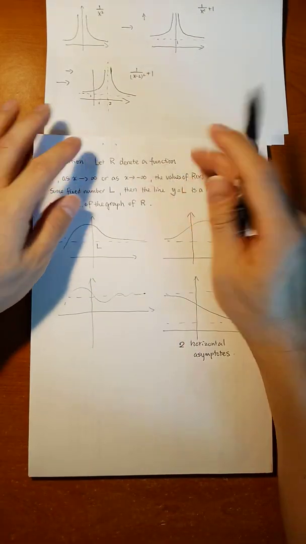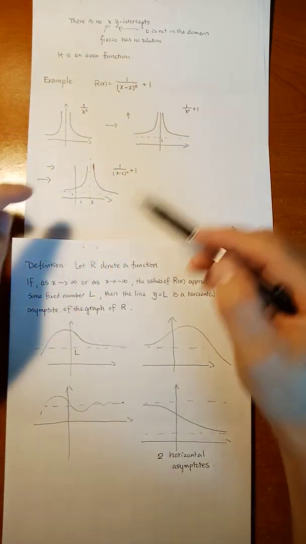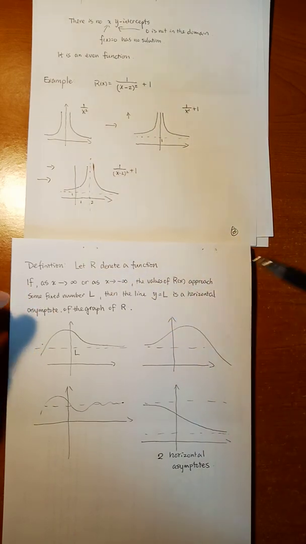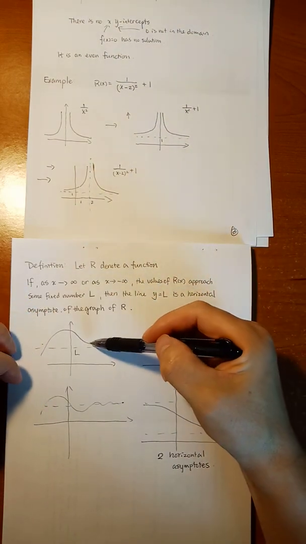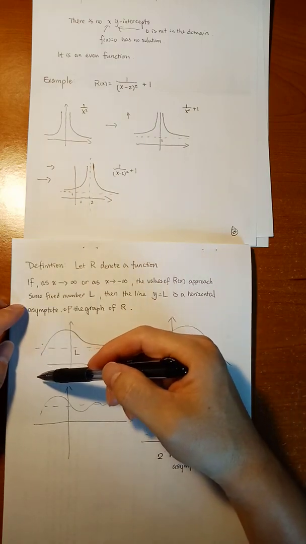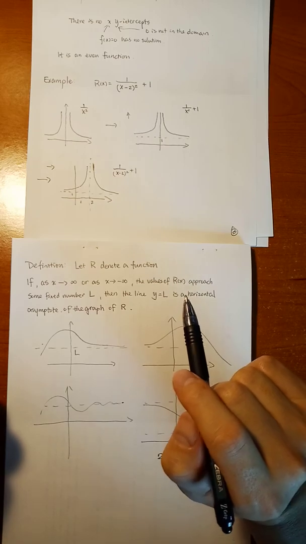If those two cases give you the same number, you have one horizontal asymptote. Or maybe just one case has a limit, the other case does not. For example, this one. Only when x approaches positive infinity, you have a number. When x approaches negative infinity, you don't have a number. Then you still have one horizontal asymptote. Okay?